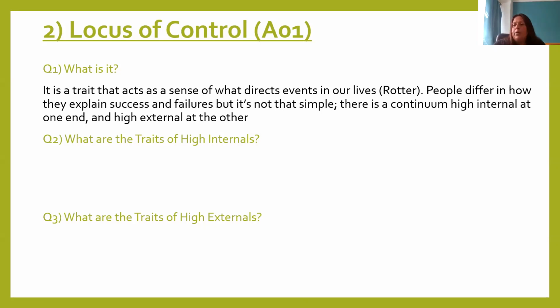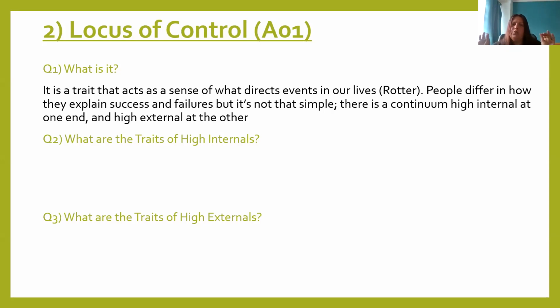So it was originally proposed and researched by Rotter. And people actually differ in that sense, in what they believe directs the events and outcomes in their life. So it does help to explain people's successes and failures, but remember, it works on a continuum. So I've got high internals at one end and high externals at the other end.